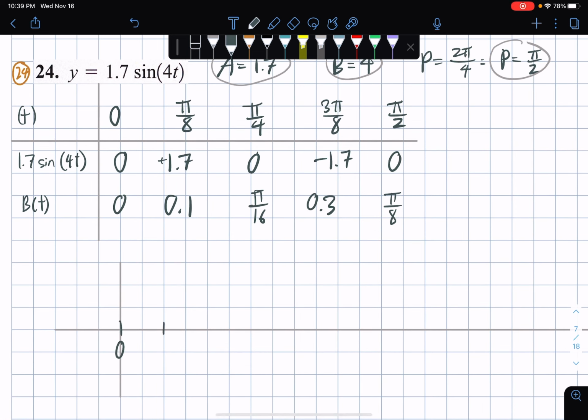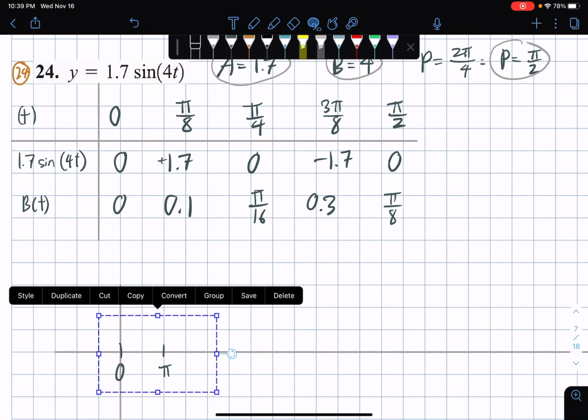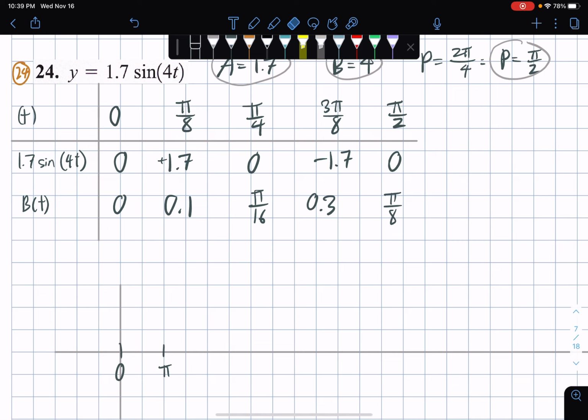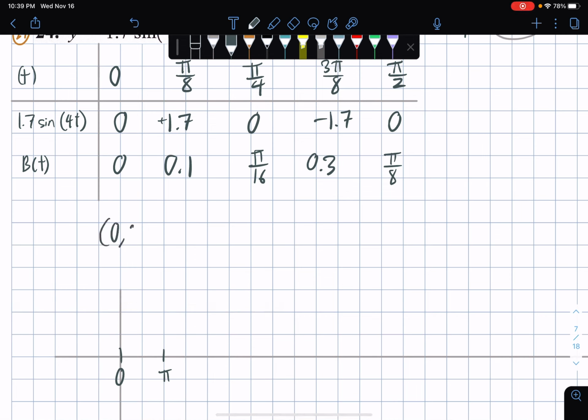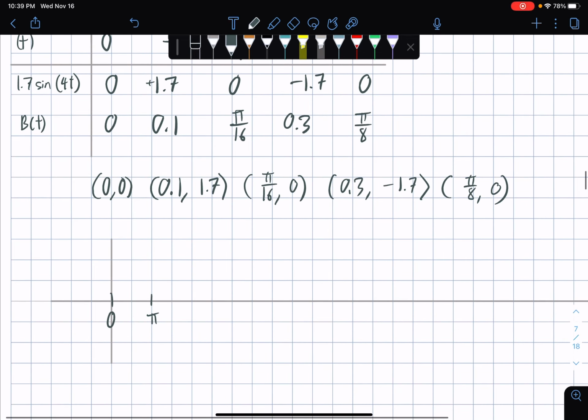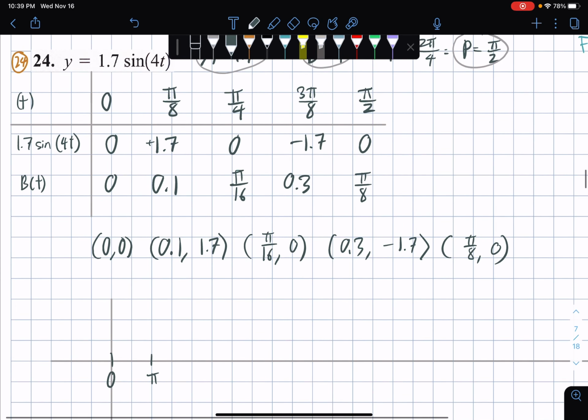Point of origin here. Oh yeah, I already started the graph, but I haven't made the coordinates yet. So here goes. 0, 0, 0.1, 1.7, pi over 16, 0, 0.3, negative 1.7, pi over 8, 0. Hang on.